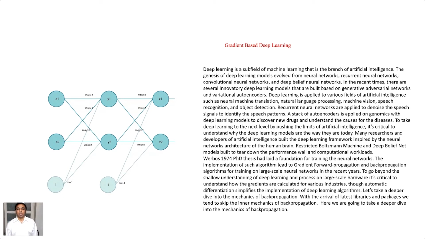Now let's take a deeper dive into the mechanics of back propagation. Again, there are a lot of libraries provided for us. For example, if you're going to implement auto differentiation or calculus chain rules, there are modules and packages you can leverage from PyTorch and TensorFlow.